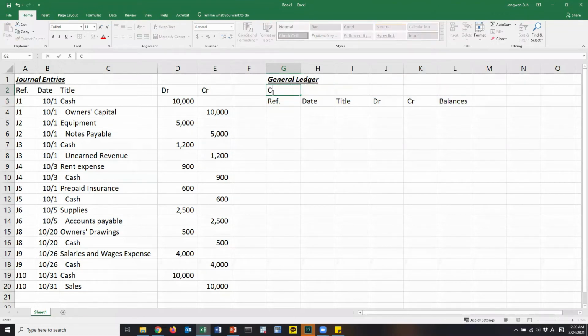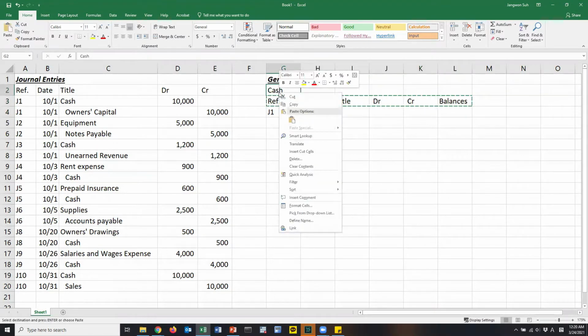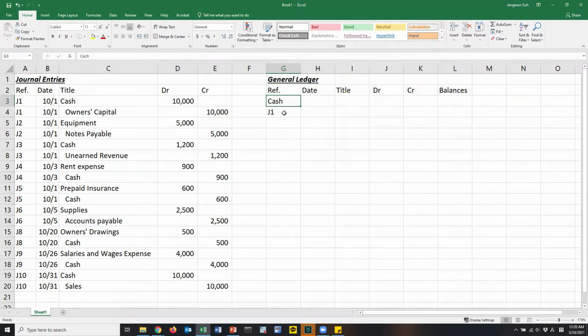General ledger of cash. For example, we can find cash in J1. Maybe I should insert this here.